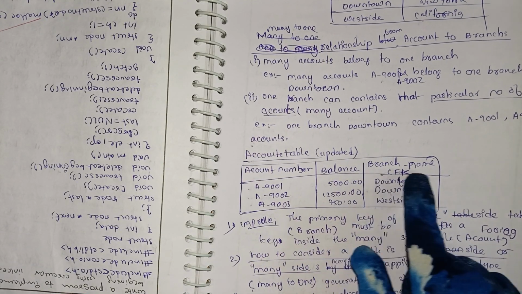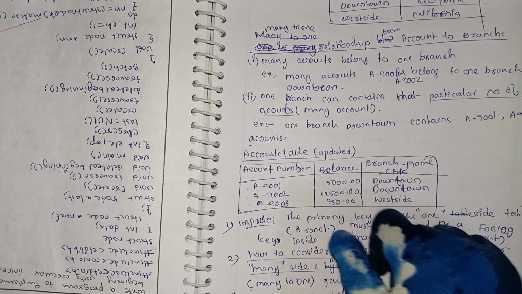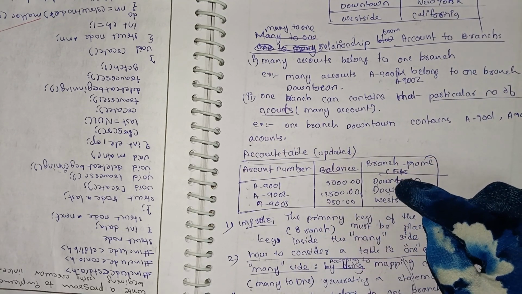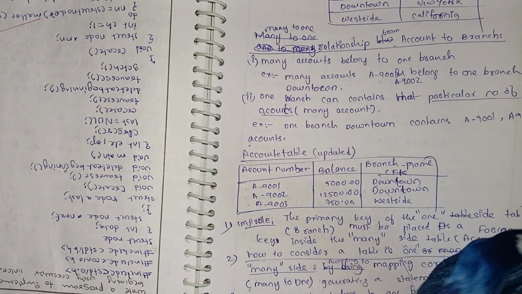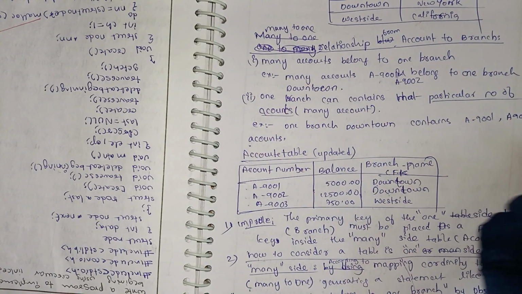Branch name means an office, which can contain multiple accounts, and through which there will be multiple account numbers.